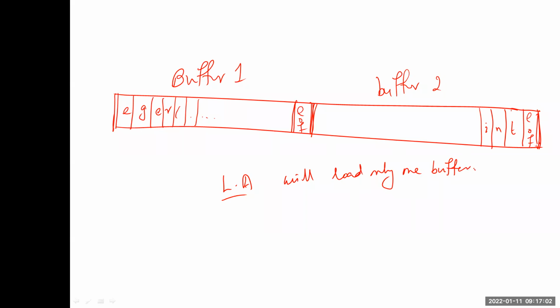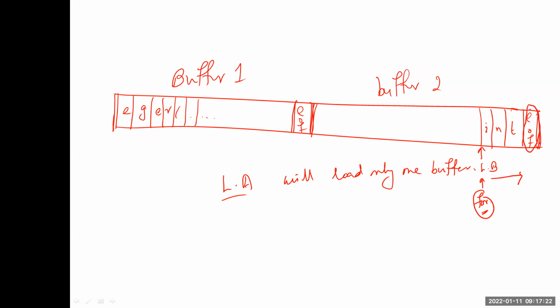Okay, so that means the moment I am working here, my lexeme begin pointer is present here, as well as the forward pointer. The forward pointer will start reading towards the right and finds an EOF.